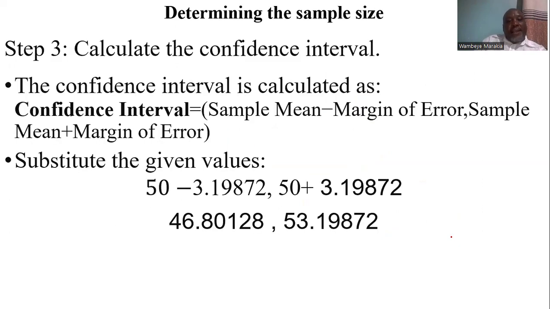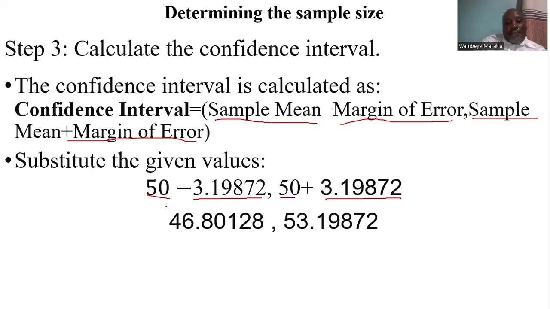Then you are going to look for the confidence interval, and the confidence interval equals the sample mean minus the margin of error, or the sample mean plus the margin of error. So the sample mean was 50, and the margin of error we have calculated is 3.19872, and also it's 50 plus the margin of error we have calculated, 3.19872.